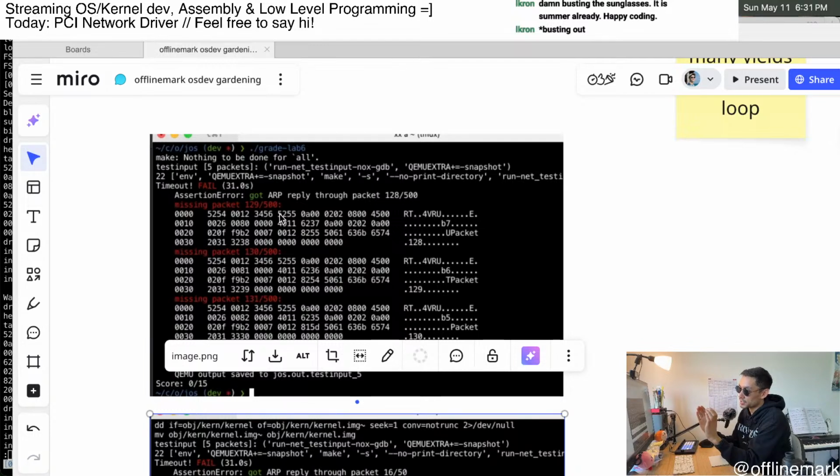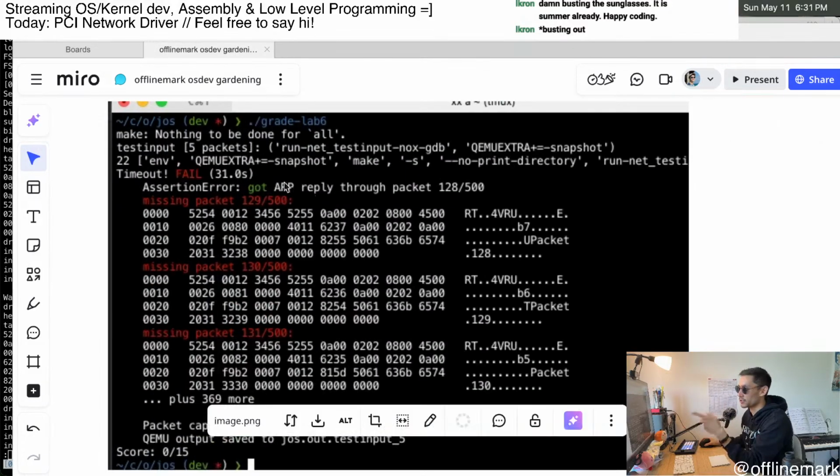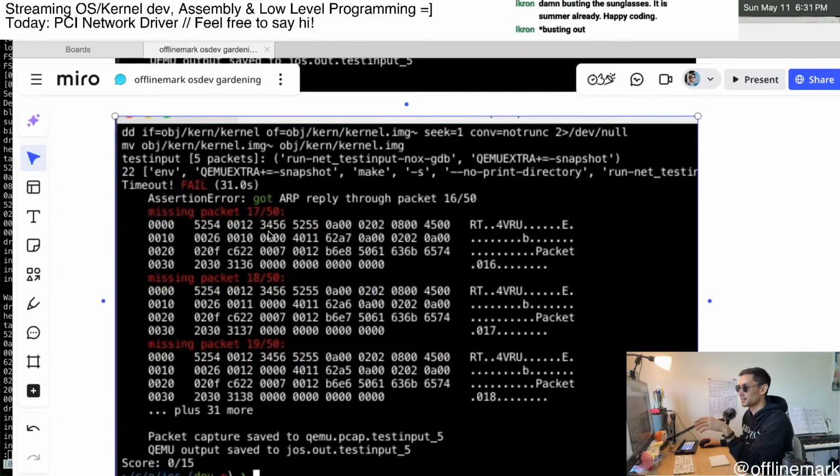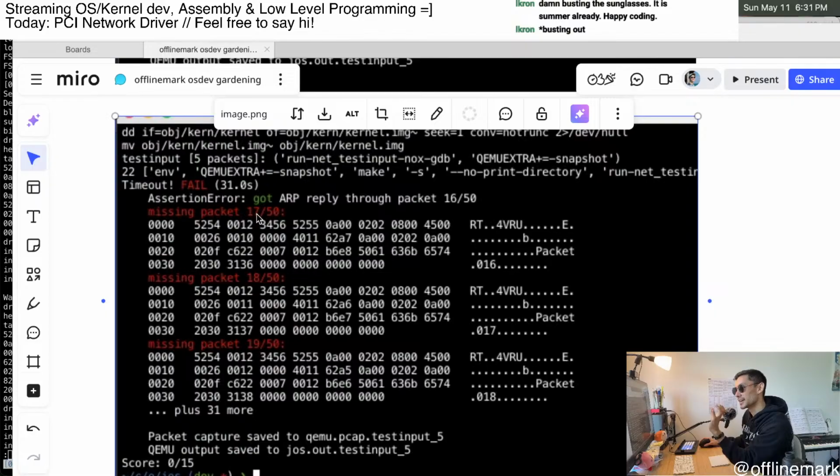And what we were seeing is that all the packets after the end of the ring buffer go missing. We see this in the 500 case, with a buffer size of 128 packets: from the 129th packet, they're all missing. And in the 16 case, they're missing from packet 17.